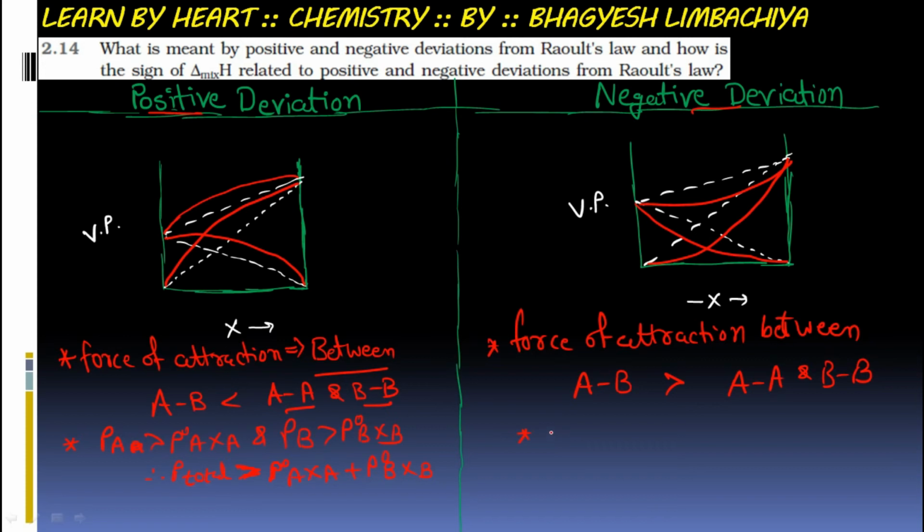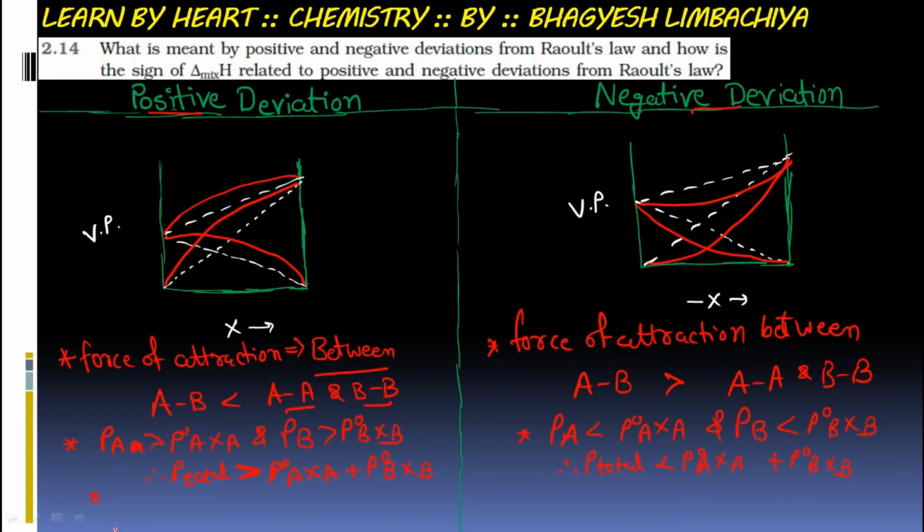Similarly, here PA is less than P0A XA and PB is less than P0B XB. That's why here P total will be less than the sum of P0A XA plus P0B XB.